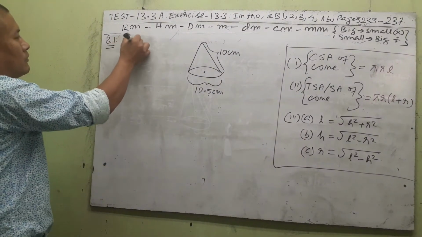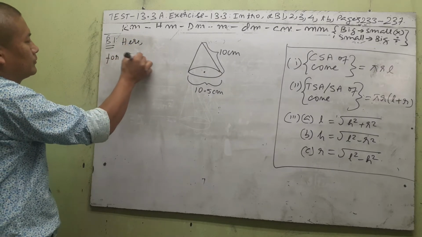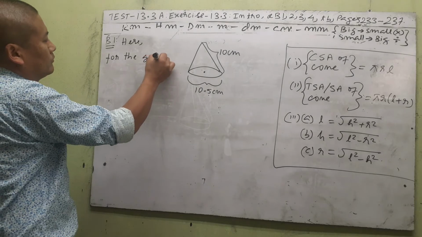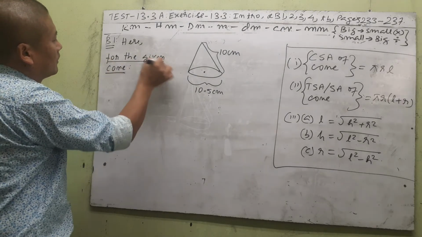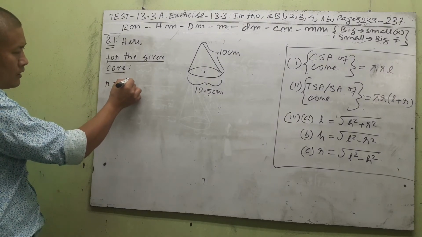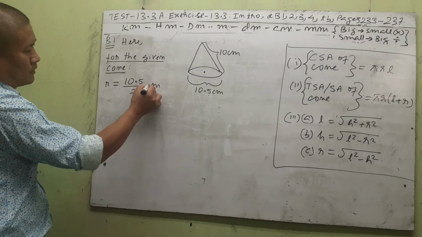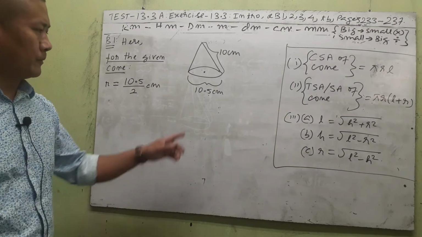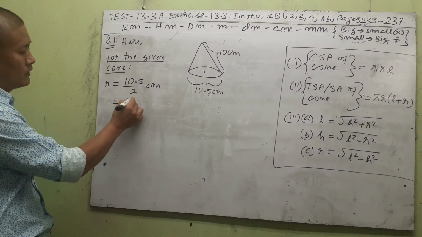Here in question B1, for the given cone, R representing radius, so this diameter 10.5 divided by 2, because radius is diameter divided by 2. So if we divide this, 2 5s are 10.